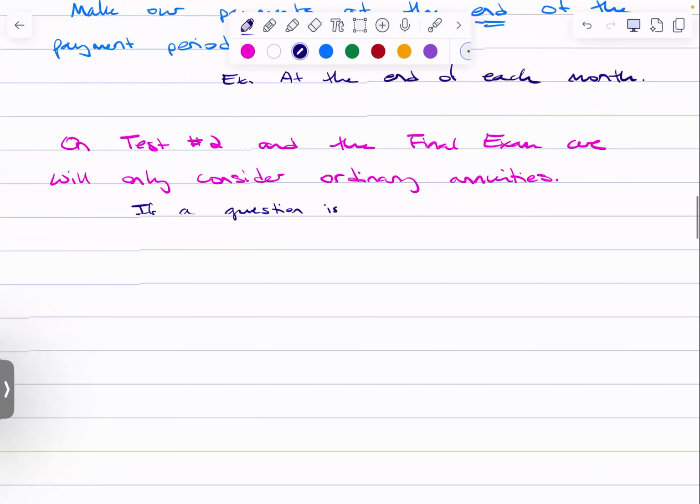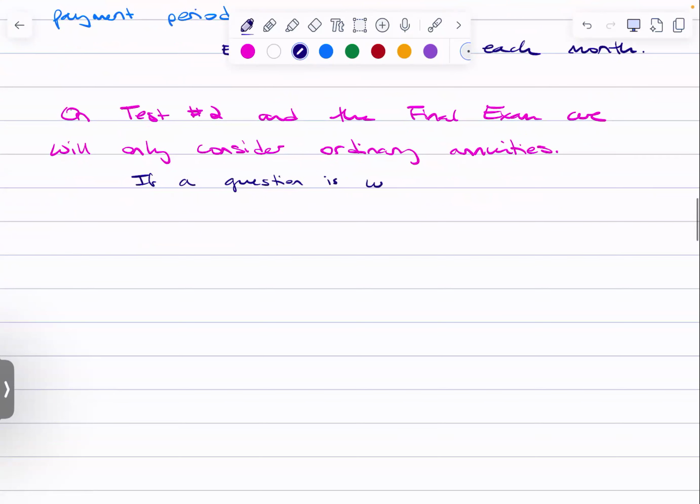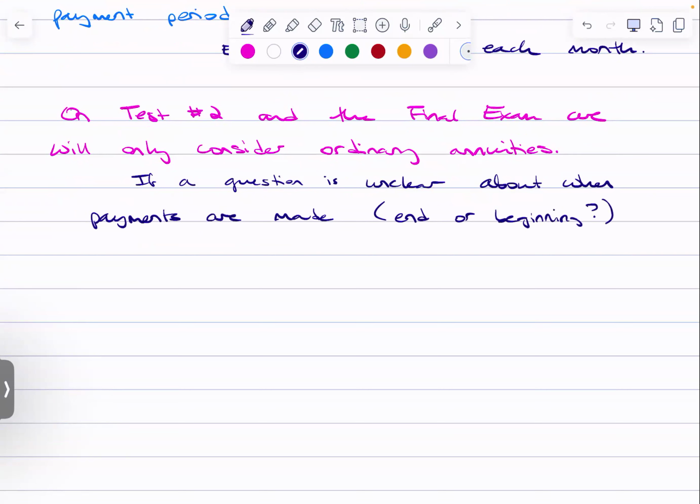And so if a question is unclear about when payments are made, at the end or at the beginning, if it doesn't say, we can assume payments are made at the end.